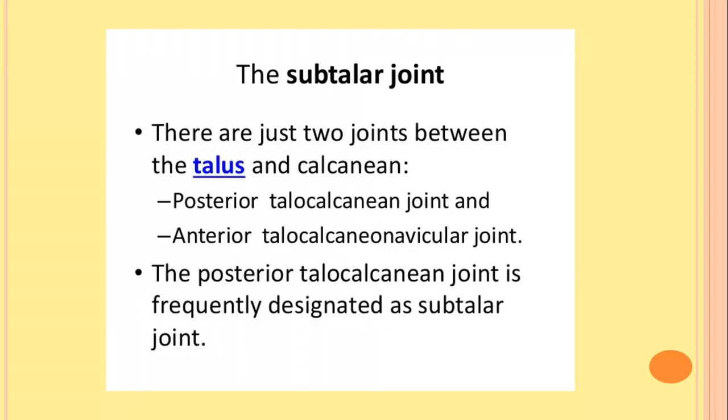So the subtalar joints are two joints between the talus and calcaneum: the posterior talocalcaneal joint and the anterior calcaneonavicular joint. The posterior talocalcaneal joint is designated as the subtalar joint.